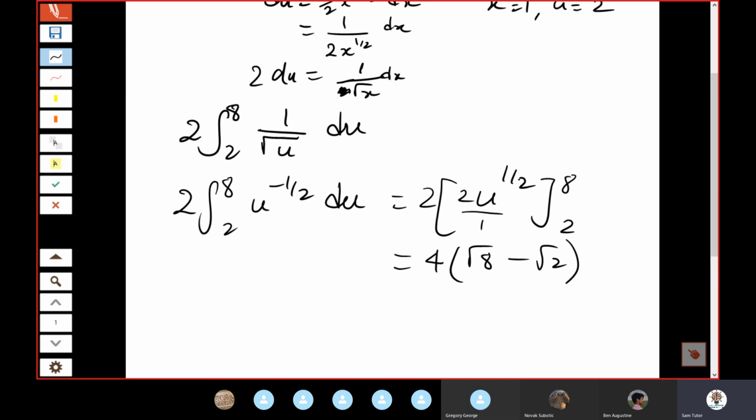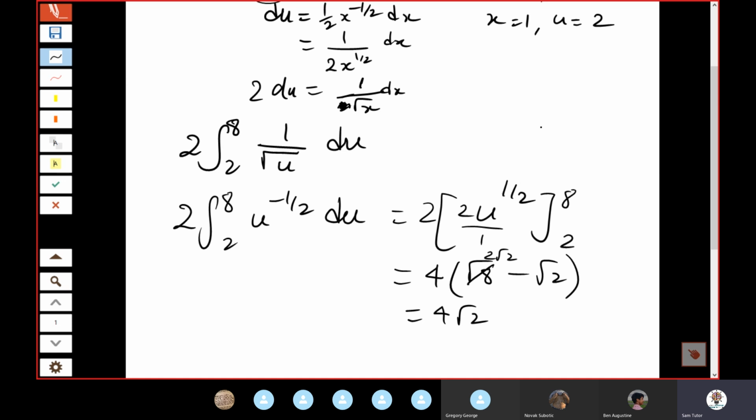I got the square root from the fact that it's a half. And then root 8 is 2 root 2 minus root 2, which is just root 2. So your answer should simplify to eventually 4 square root of 2.